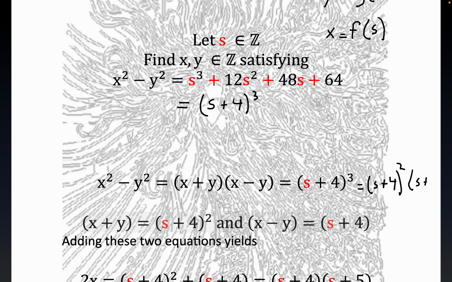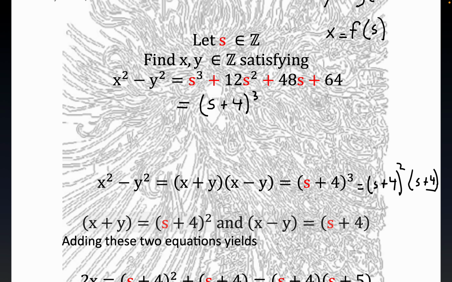Very simple stuff at this level. Much easier to handle it at this level rather than dealing with this third degree polynomial. So you see that's exactly where this s plus 4 squared came from, and then the s plus 4 right here comes from this straightforward, very elementary factorization.